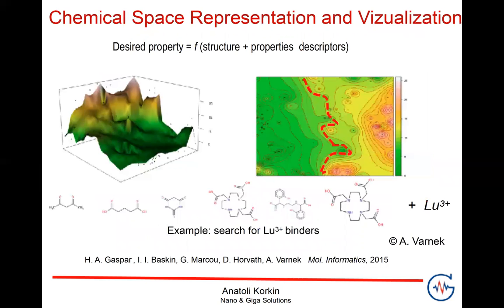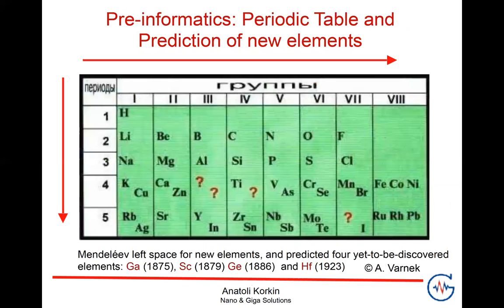So this is again an example from my colleague Alexander Varnek in designing chemical space in order to study the structure of lutetium based binders in order to find the binder which is the best for this type of ions.